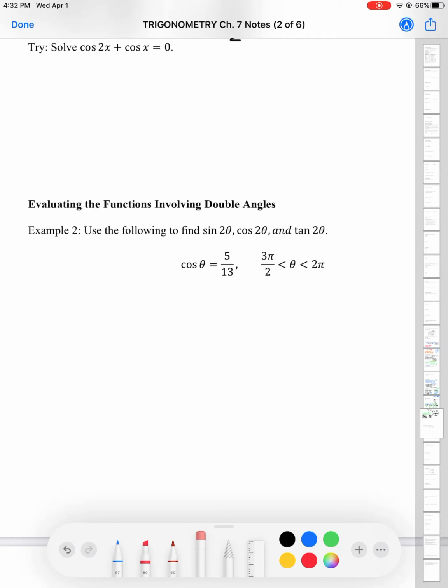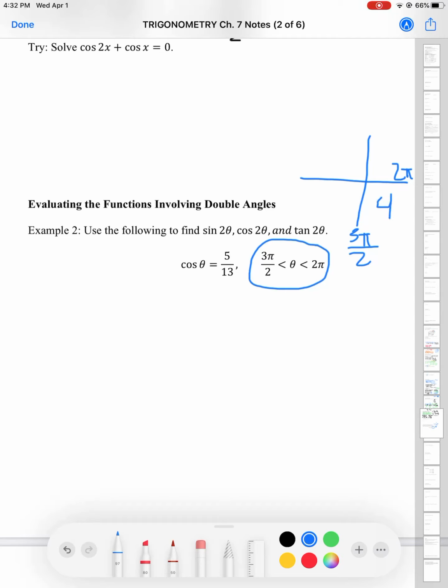First thing I want you to realize is this right here. It says we're in between 3 pi over 2 and 2 pi. So if this is 3 pi over 2 and this is 2 pi, that means we're in quadrant 4.